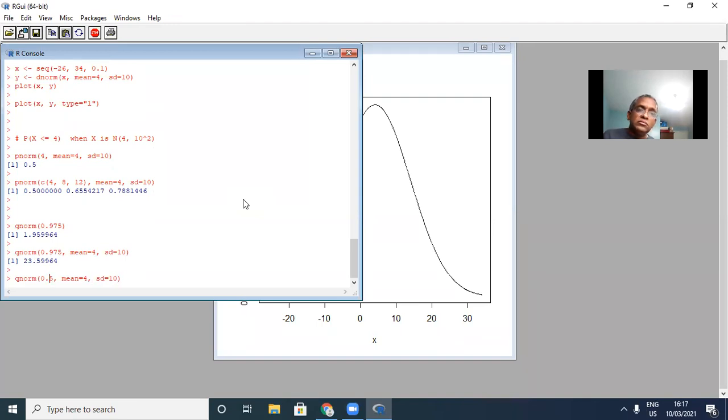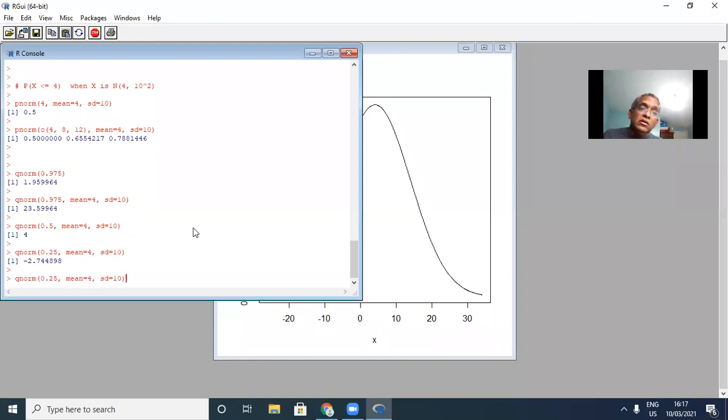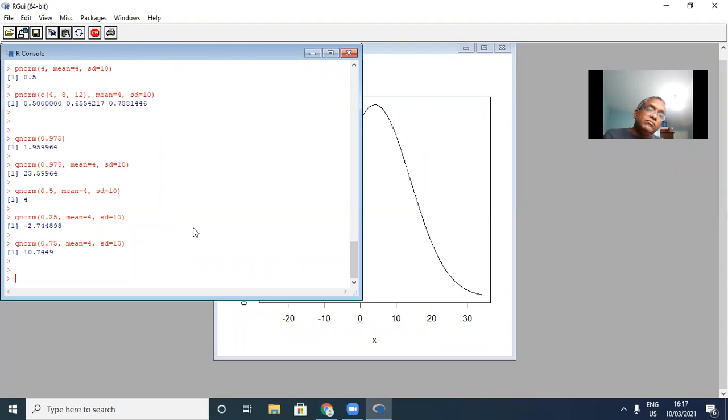And if you want the probability to be 0.5, that's the median of the normal with mean 4 and standard deviation 10. And this is the first quartile, and this is the third quartile, right?